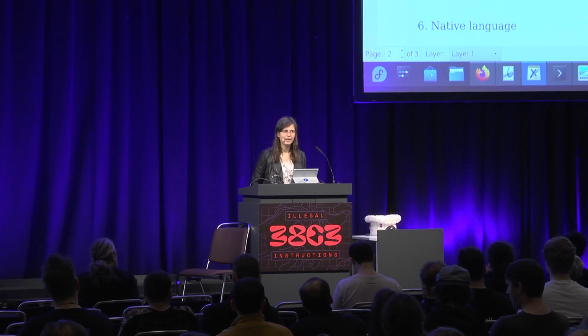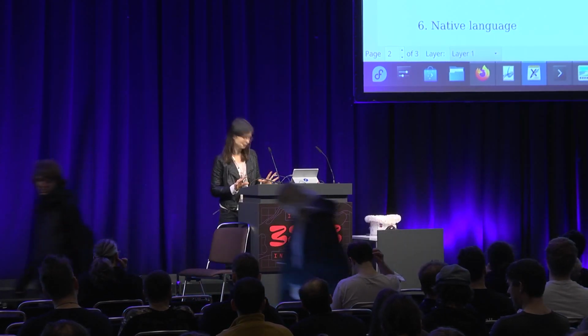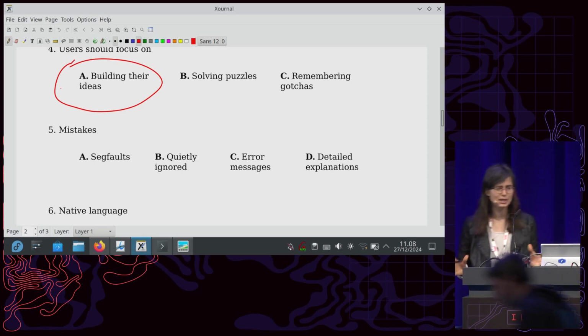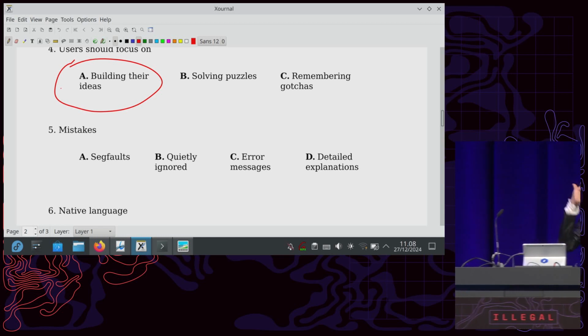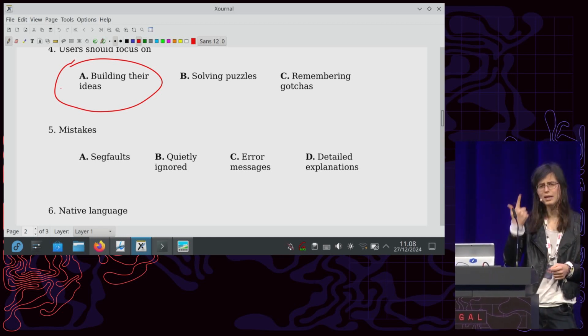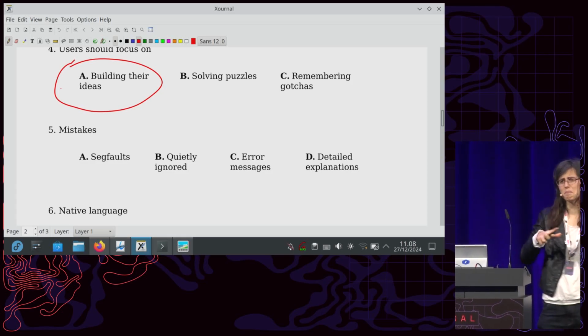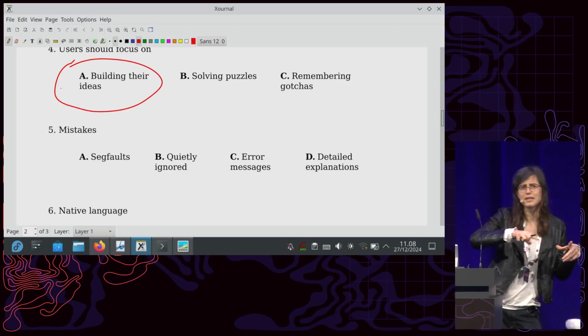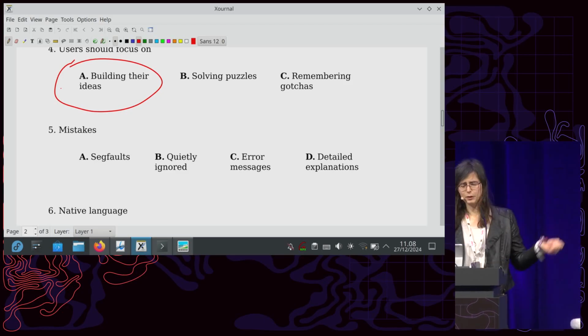Mistakes, that gets us to mistakes. Mistakes should not get segfaults. I'm going to become a little preachy about it, because segfaults don't tell you what happened wrong. They don't even tell you reliably where it happened wrong. It might be that you broke some property a lot earlier, and then it comes bite you a lot in a completely different place of code.